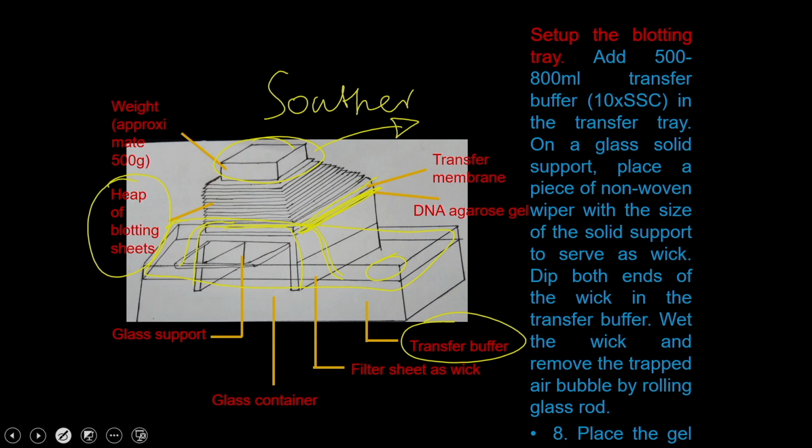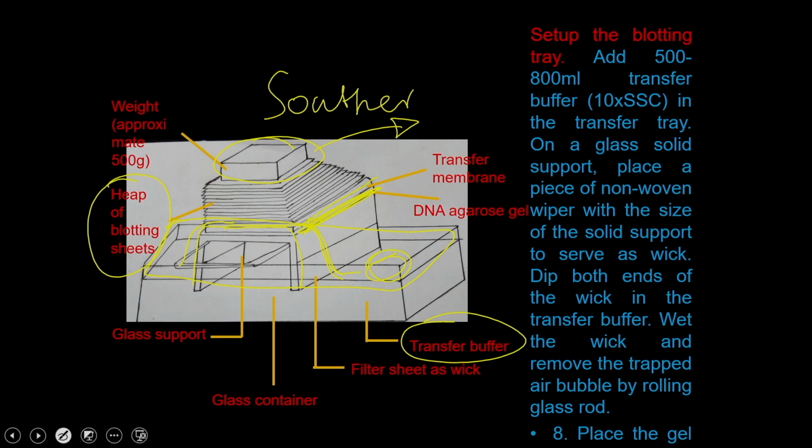Since these blotting sheets are dry, they will start sucking the buffer from the nitrocellulose membrane, then from the agarose gel, and once the agarose gel is dried up, it is going to start sucking the buffer from the Whatman filter papers, which are submerged in the tray that has the transfer buffer.